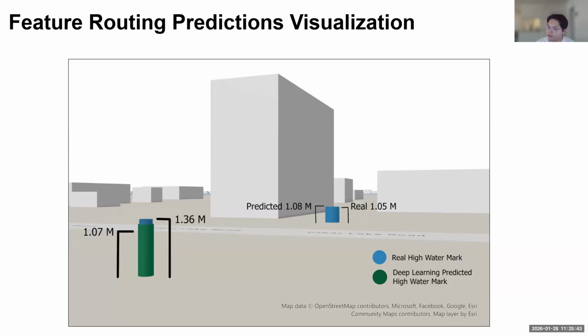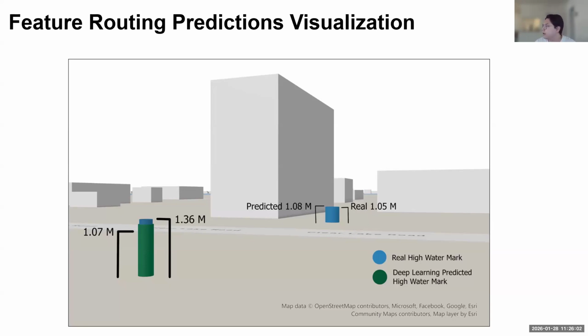So that's very, very close. And the one closer to the road is about 0.3 meters different, but it's still quite acceptable, given that we are talking about flooding events that are potentially adaptable in real-life scenarios.